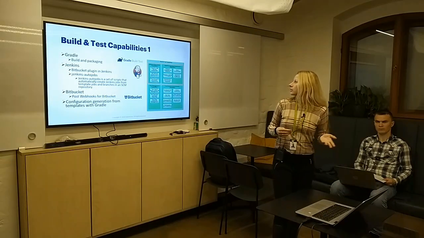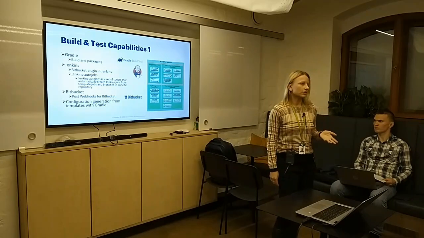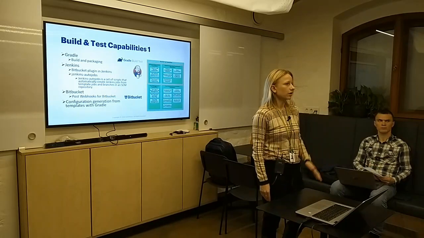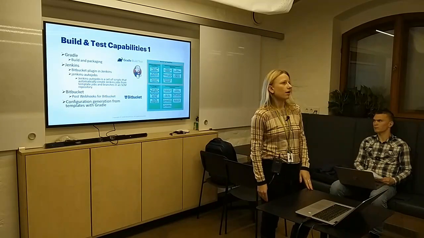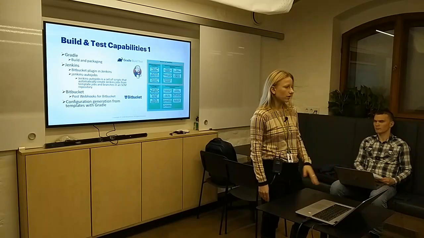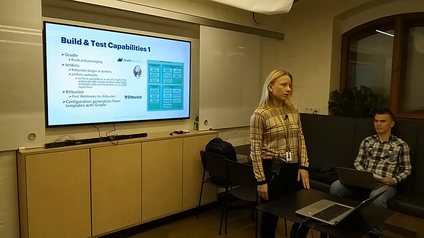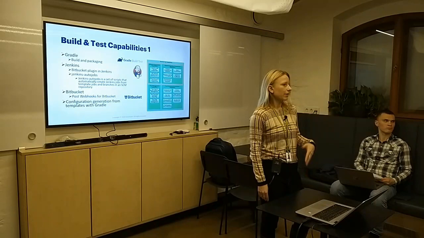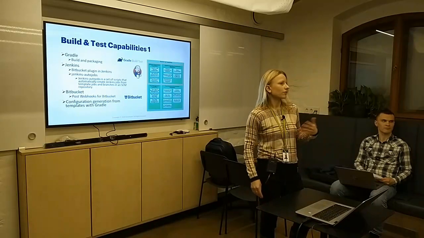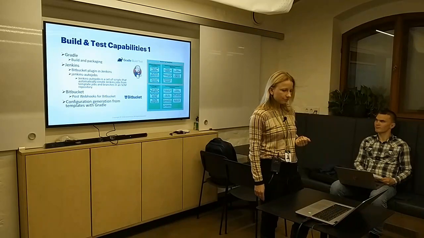Jenkins, of course, build servers, so we orchestrate almost everything with it, what we can. So we have pipelines, we have continuous integration, continuous delivery. In addition, we make some process automation. We have scripts and we run them from Jenkins as well.